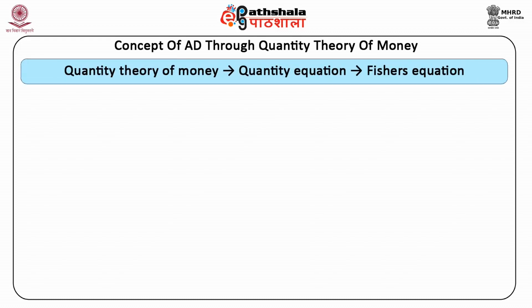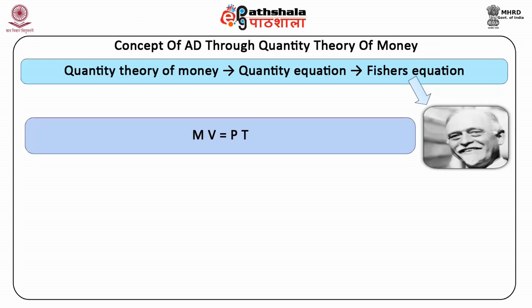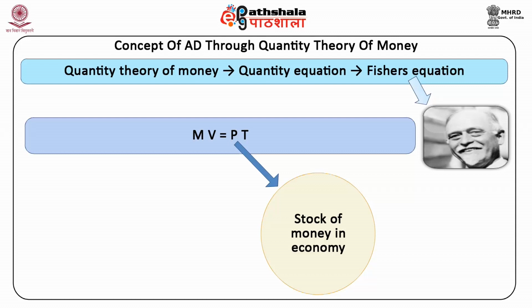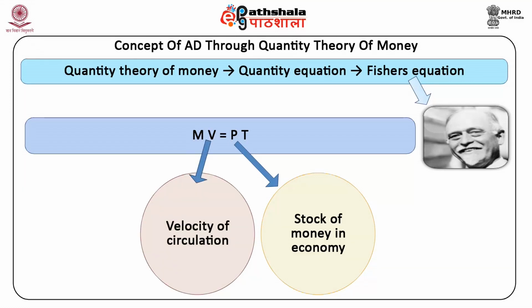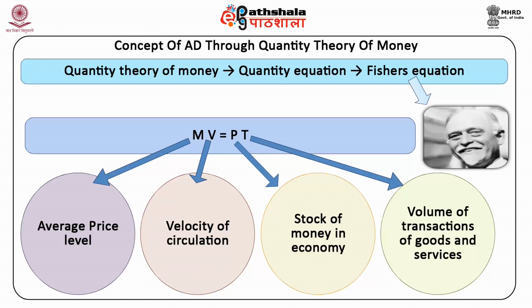The quantity theory of money is understood with the following quantity equation, also known as the Fisher equation, MV = PT, where M is the stock of money in the economy, V is the velocity of circulation, that is, the number of times money changes hands, P stands for the average price level, and T is the volume of transactions of goods and services.